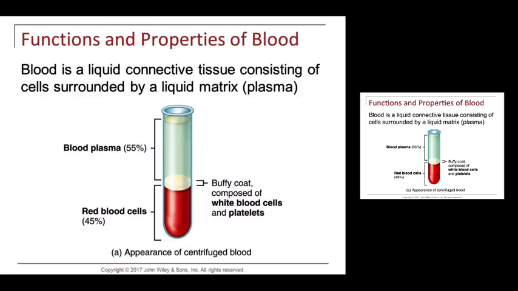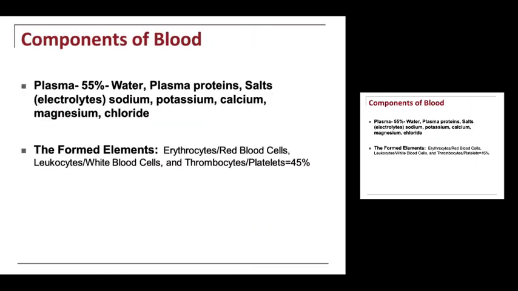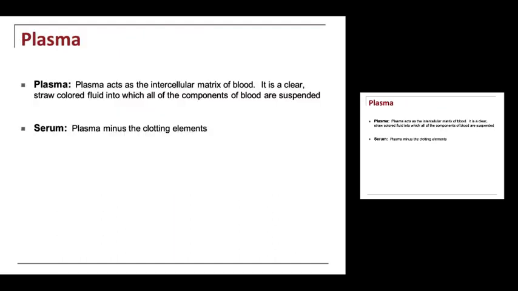Okay, so blood is liquid connective tissue consisting of cells surrounded by that extracellular matrix called plasma. And I would note that blood plasma is 55% and the formed elements are 45%. In plasma, the 55% portion, you're looking at water, plasma proteins, electrolytes like sodium, potassium, calcium, magnesium, chloride, and then the formed elements, the red blood cells, white blood cells, and platelets make up the 45%.